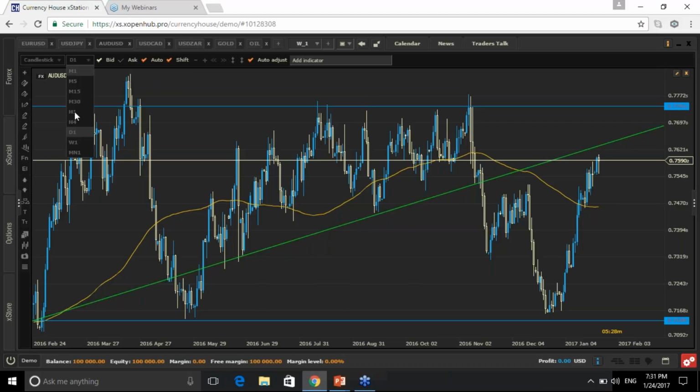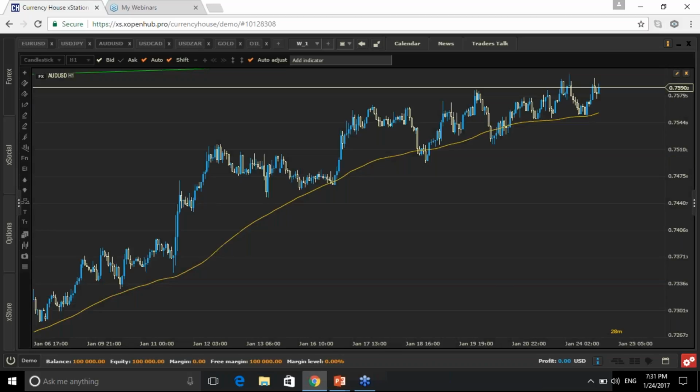Let's switch inside the day. Let's open the 1 hour chart, which is showing us that first of all the simple moving average with a period of 89 works very well. Sometimes we see a fake breakthrough, but at the same time you can count that once the price is getting down to the simple moving average, it is always a good buy signal.